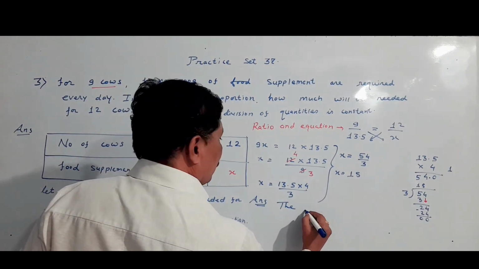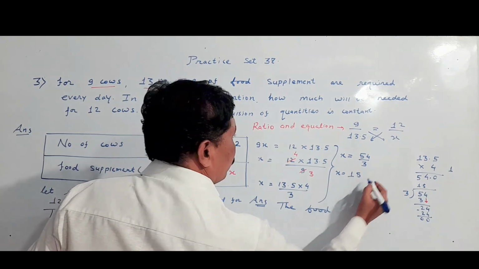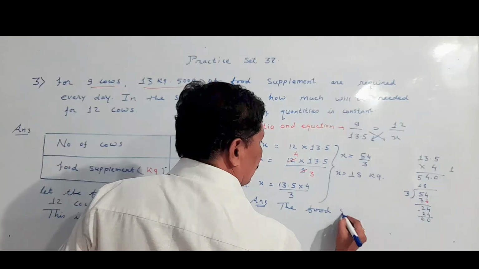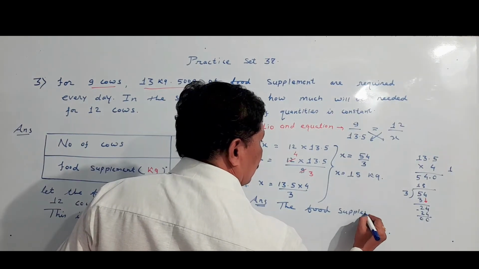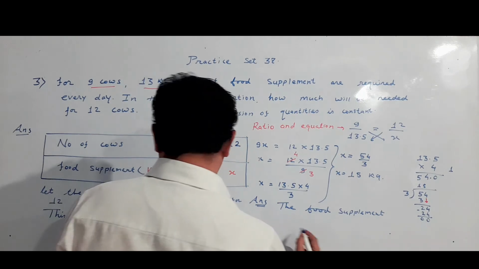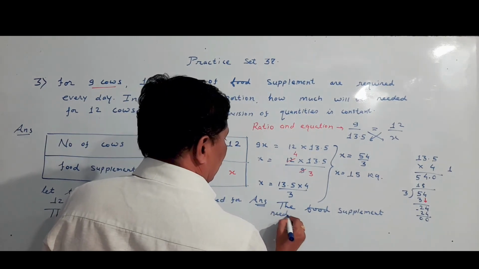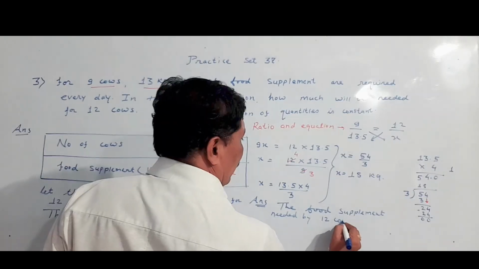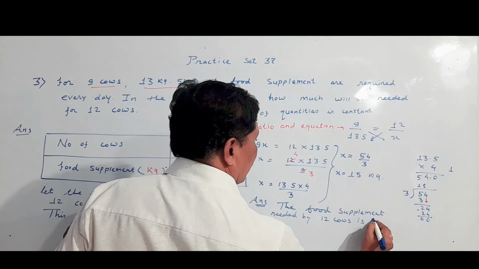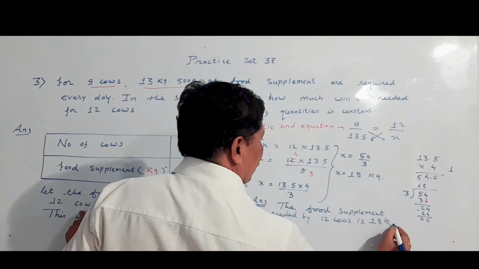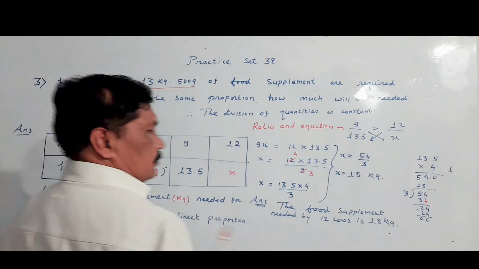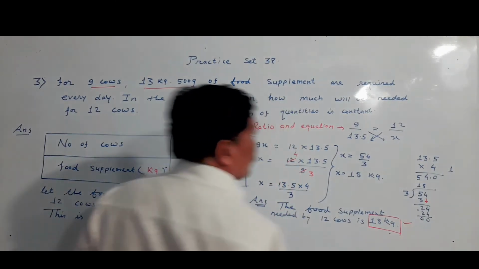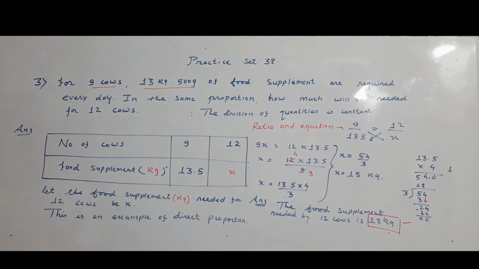The food supplement needed by 12 cows is 18 kg. We'll solve the next problem.